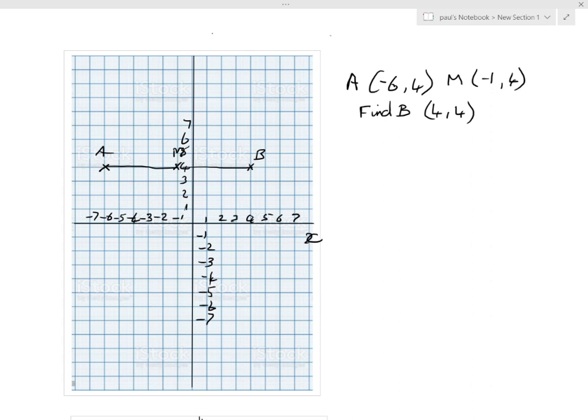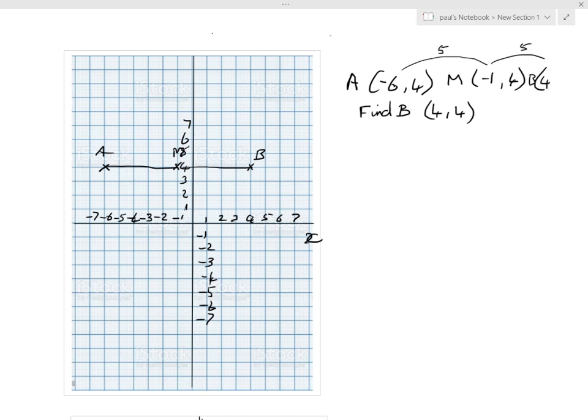So what we're doing in effect is we're going from minus 6 to minus 1. So that is a movement of 5 to the right. And then we need to go another 5 to find what B is, which is going to be 4.